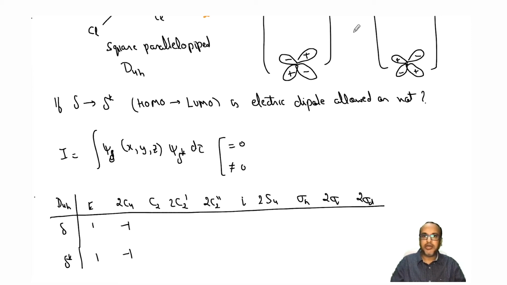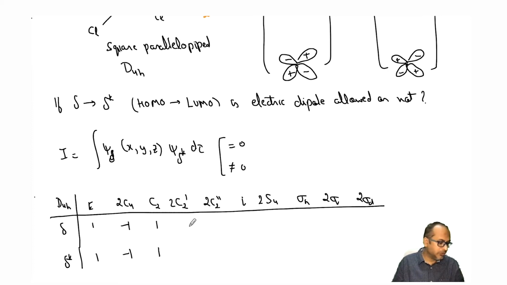Similarly, if you do a C2, it's a 180-degree rotation along the z axis, so positive goes to positive, negatives go to negative. So the C2 character is +1. In the same way, you can carry out all these and find the characters.